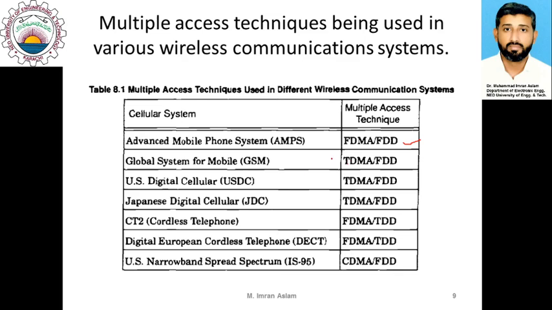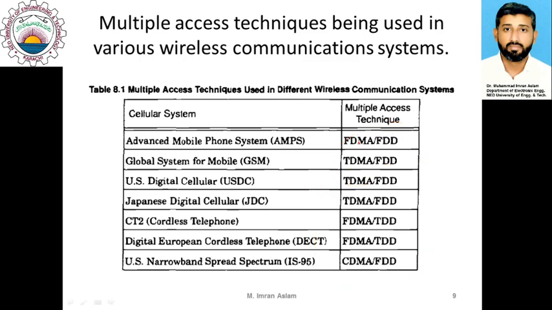For GSM, normally the multiple access is time division, but duplexing is frequency division. For US digital cellular, the multiple access technique is time division multiple access, and duplexing is frequency division duplexing, and so on. For different systems we have different types of techniques being used to provide multiple access as well as duplexing in those systems.